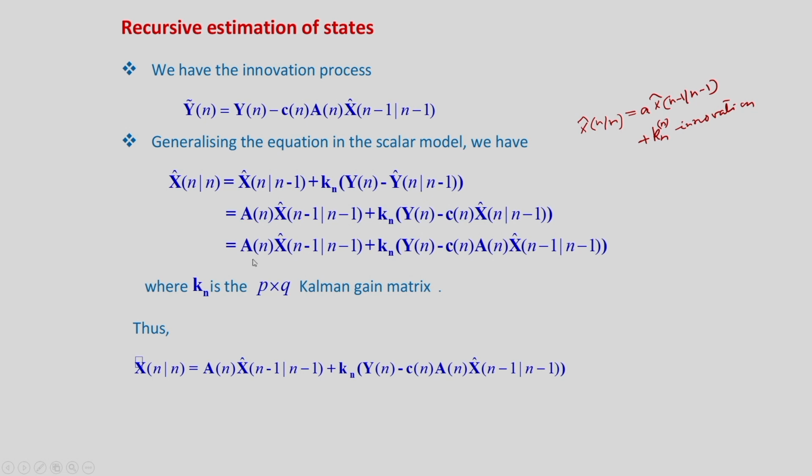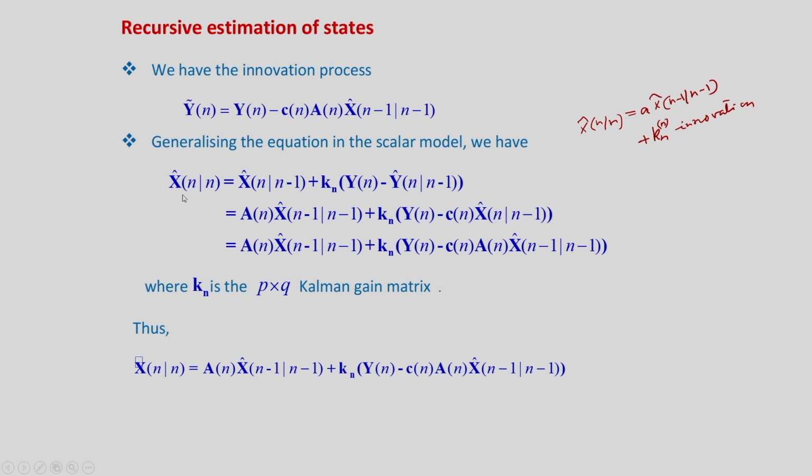This is the prediction, and this we can write as A n into x hat n minus 1 given n minus 1, that is the estimation at instant n minus 1, plus k n times y n minus, and this we can write through the model, C n into x hat n given n minus 1. Now, we can write x hat n given n minus 1 is equal to A n into x hat n minus 1 given n minus 1.